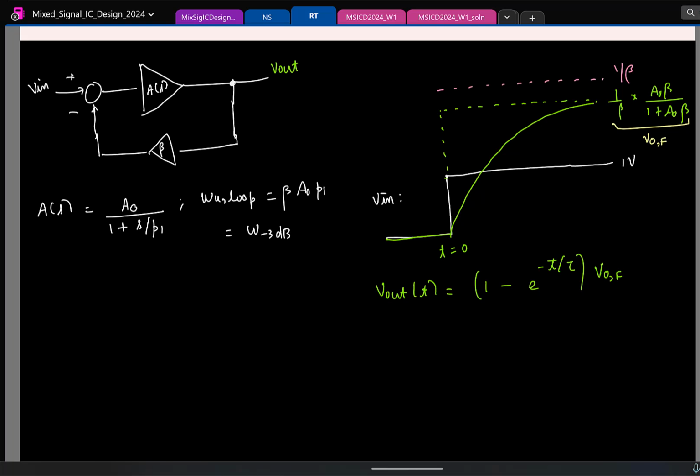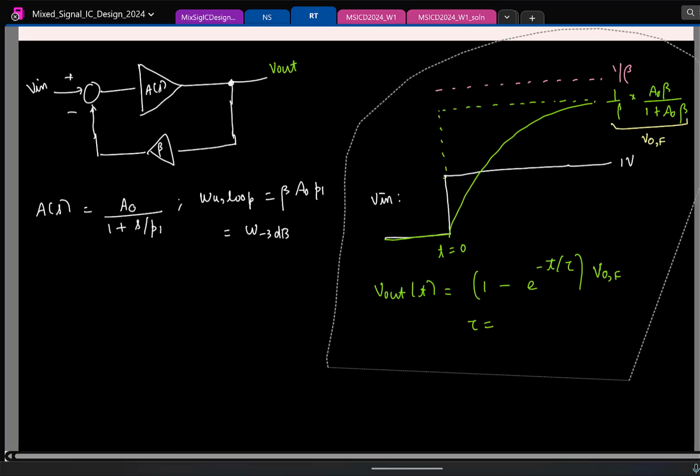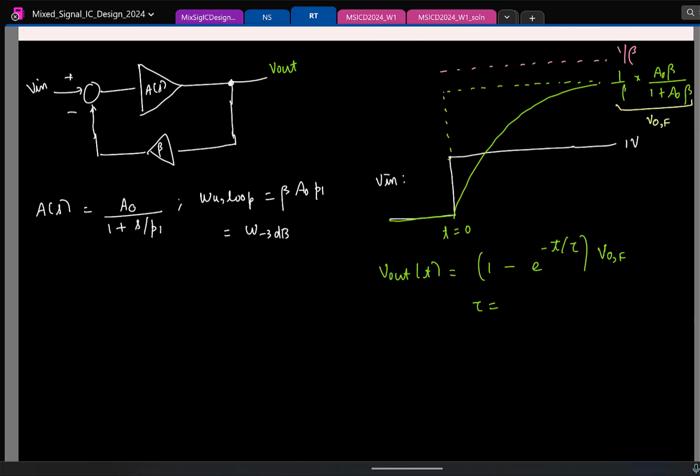And what is tau in this system? 1 by P1. Why 1 by P1? For a first order system, the time constant should be equal to the reciprocal of the 3 dB frequency. What is the 3 dB frequency of the system?